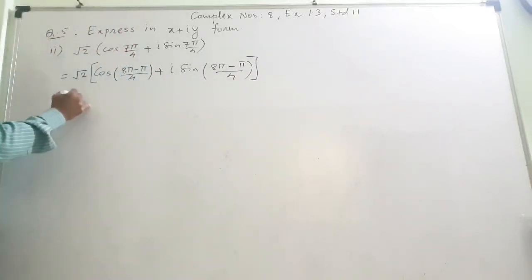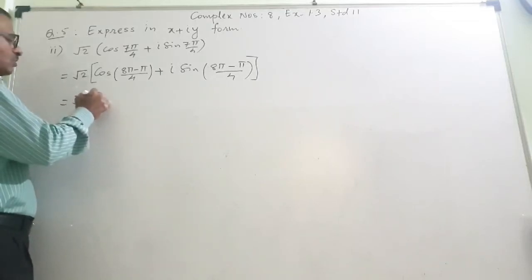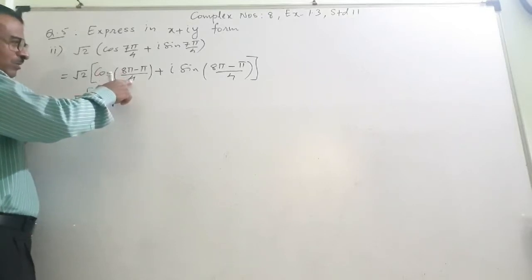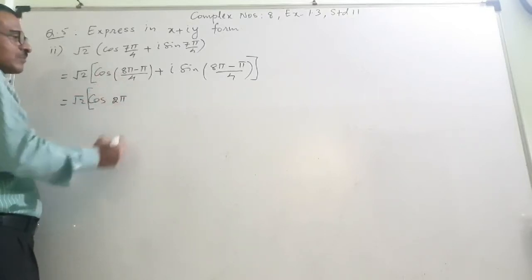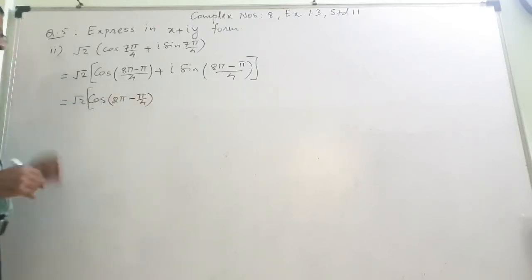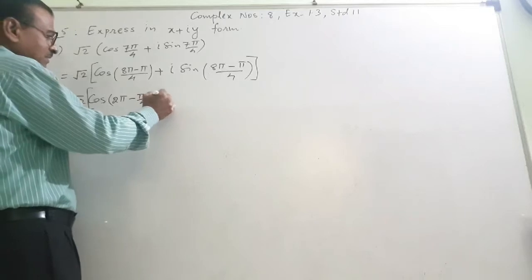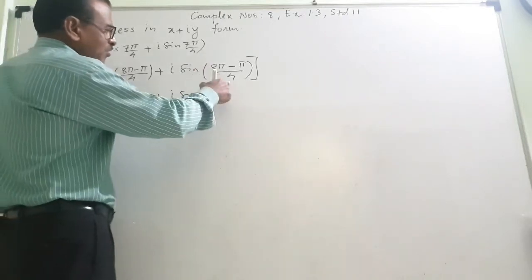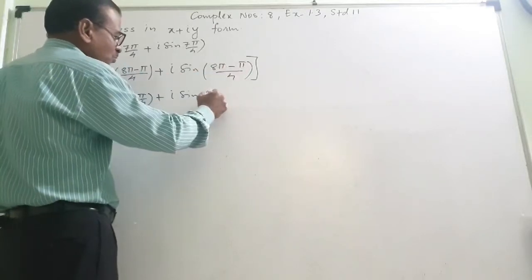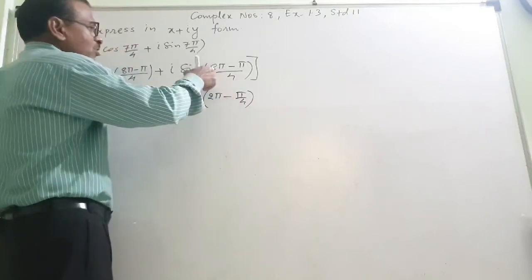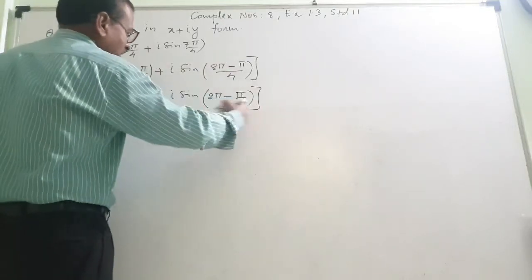So this is equal to root 2 into cos of 8 pi by 4, means 2 pi, minus pi by 4. Plus i sin, again 8 pi upon 4 minus pi upon 4, so 2 pi minus pi upon 4. Because this denominator belongs to both, that I have separated.